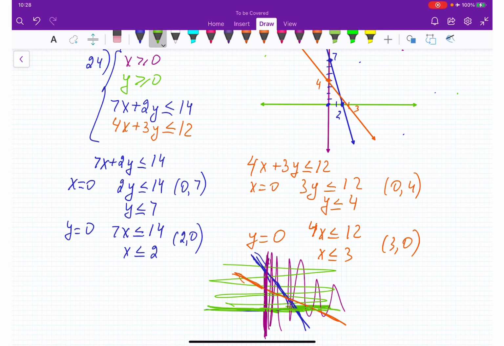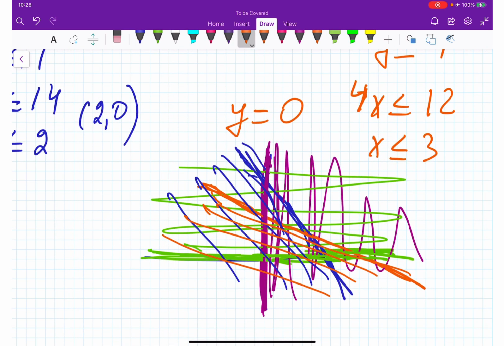Now the blue one is less than 7, less than 2, less than 7. So it's going to go like this, right? And the brown one is going to be less than 4, less than 3. It's also going to go like this. So where they are going to overlap, it's going to be right here.